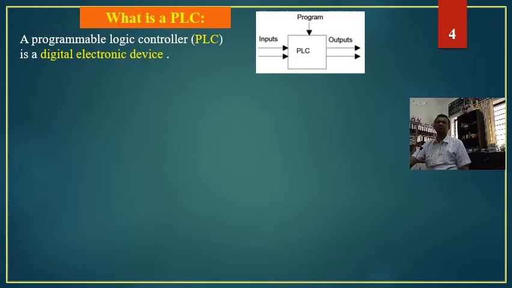So most of the devices that are used nowadays in electronics are digital devices.